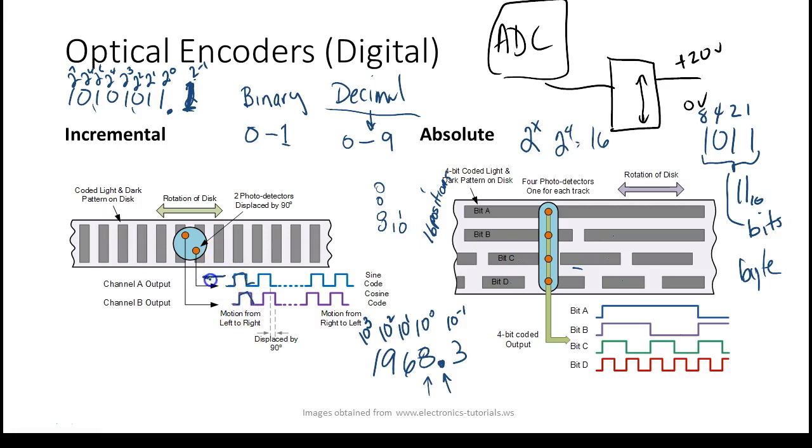You understand if it's moving in this direction. If it moves in that direction, then they would shift. So which one of them pulses first would tell me what direction. But how would I know position? I mean, it's no deal to tell direction, but how would I know position?